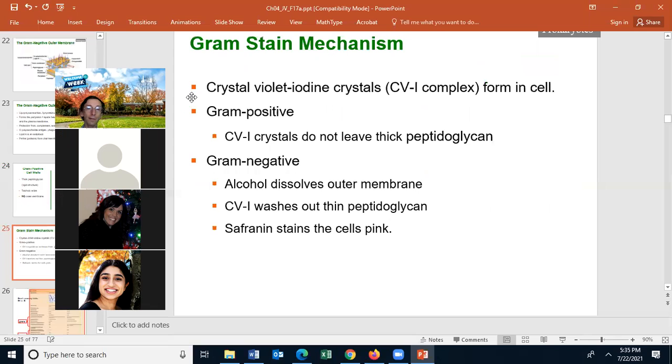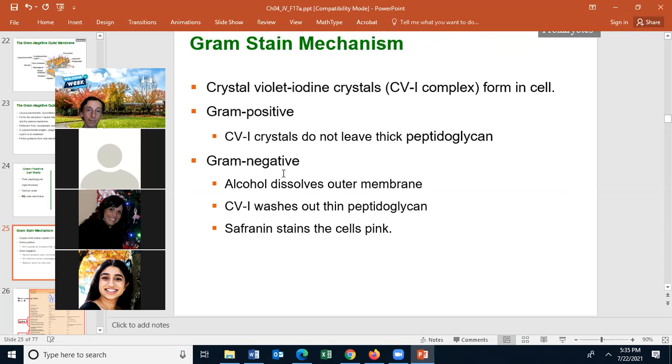All right, let's talk a little bit about the gram stain. The gram stain happens because of the gram-positive cell wall and the gram-negative cell wall. Crystal violet, which will complex with the iodine, forms in the cell. In the gram-positive cell, the crystal violet iodine complex does not leave the thick peptidoglycan layer.